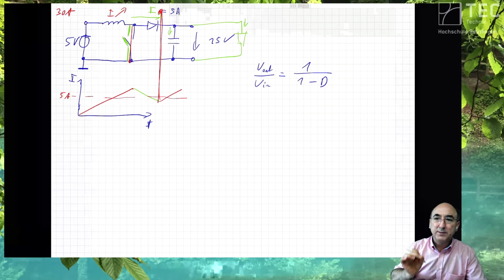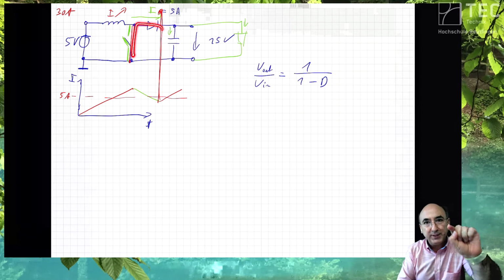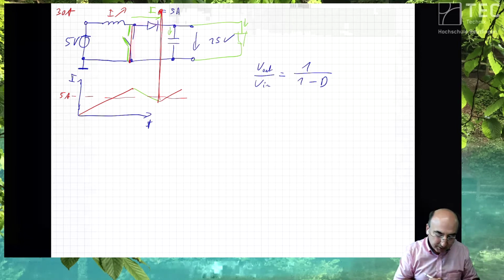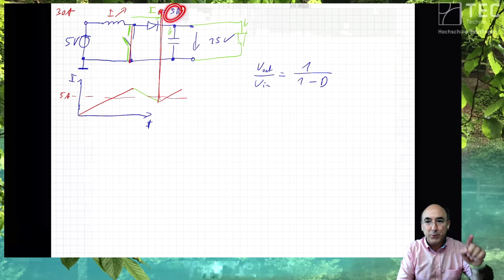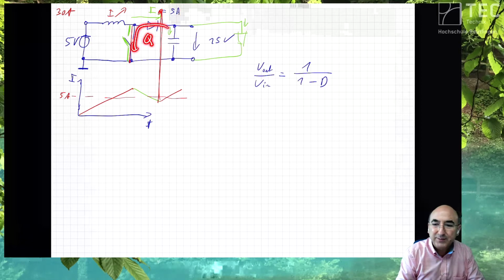You have spikes for a short period in time, and this current is flowing through your transistor. So if you assume you have to carry only 5 ampere, you are burned. You have to let through this Q first.